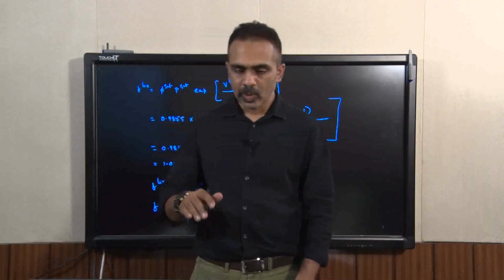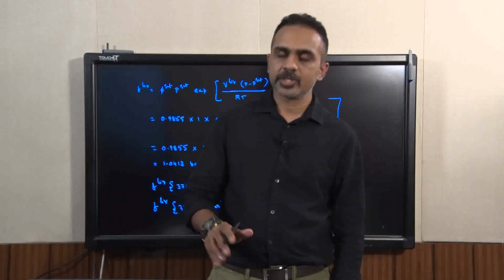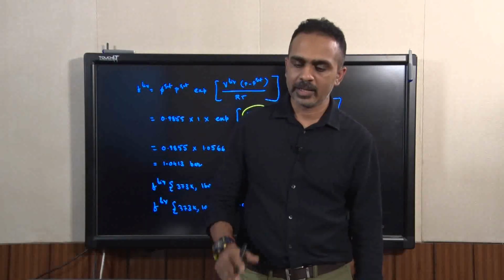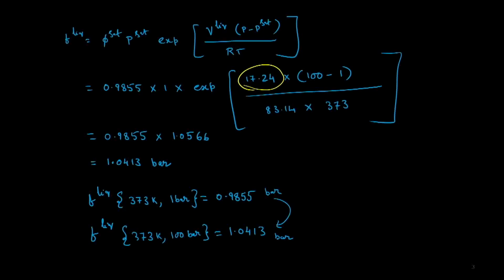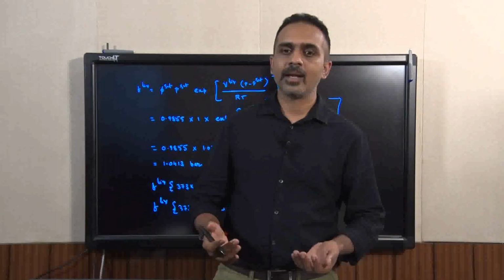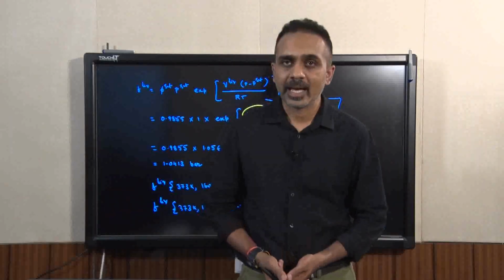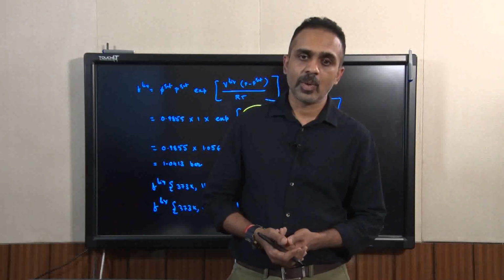Now, this expression is going to be useful for the discussion we're going to do in our next section. The next section will be talking about vapor-liquid equilibrium in general, how we go about modeling vapor-liquid equilibrium for non-ideal solutions, and how we collect experimental data to obtain the excess Gibbs free energy values.